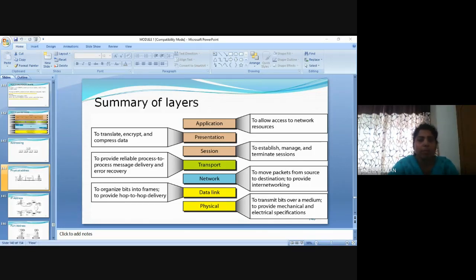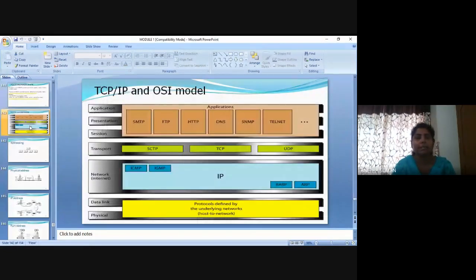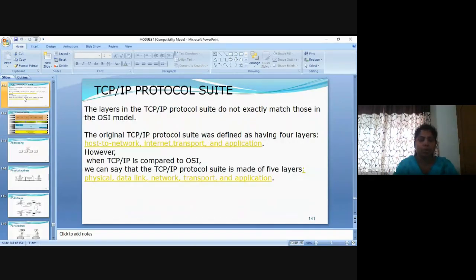Now we will move on to the next model called the TCP/IP model. TCP/IP means Transmission Control Protocol, Internet Protocol. So actually, this is another network model, and this was developed prior to the OSI model. Before the OSI model was developed, this TCP/IP model was developed.